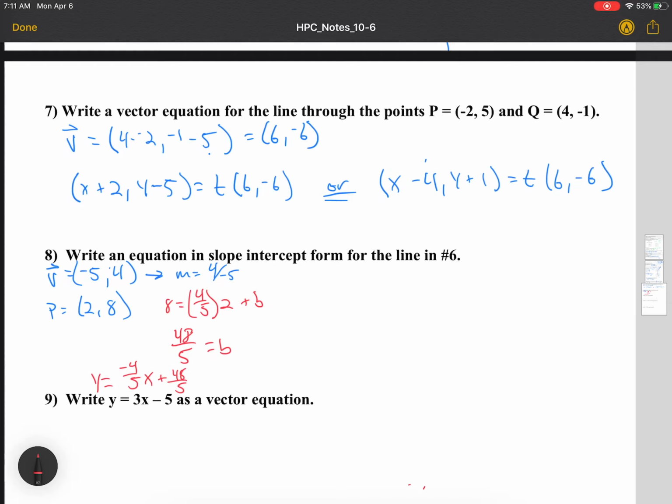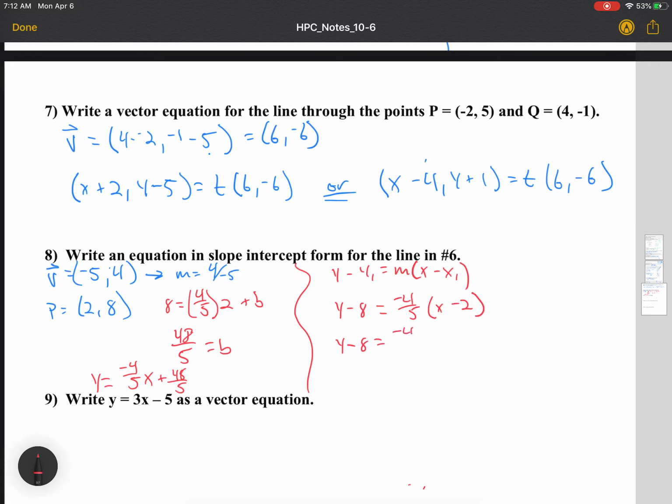You could also do it another way, more of a standard way, which is y minus y1 equals m times x minus x1. So we could do y minus 8 equals negative 4 over 5 times x minus 2.